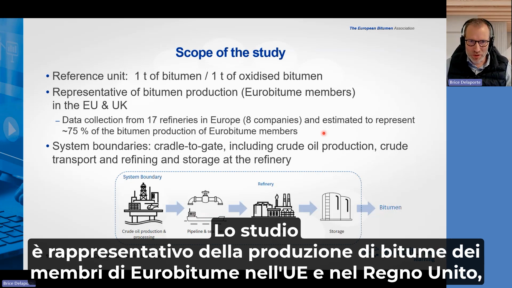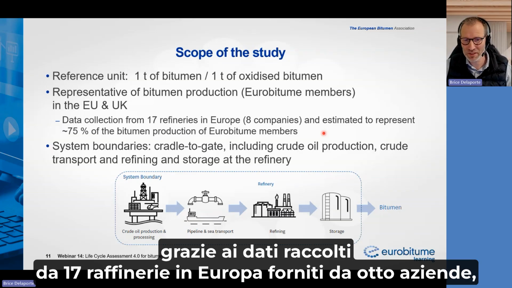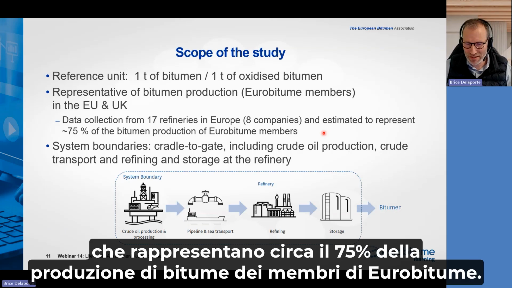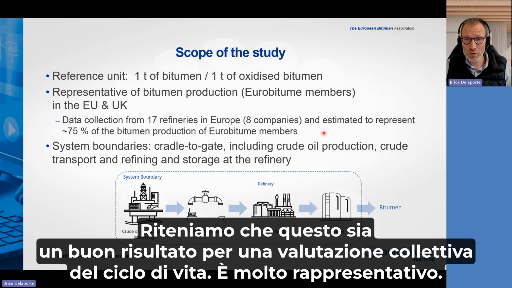The study is representative of the bitumen production of EuroBitume members in the EU and UK, thanks to a data collection from 17 refineries in Europe, provided by 8 companies, which represents about 75% of the bitumen production of EuroBitume members. That's a good result, according to us, for a collective life cycle assessment. It's a very good representativeness.